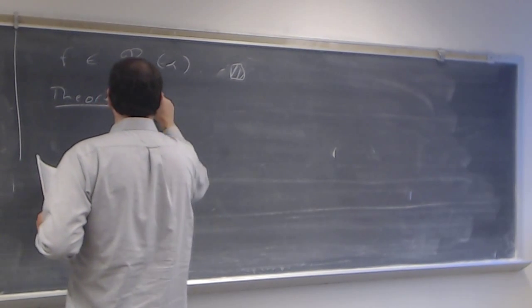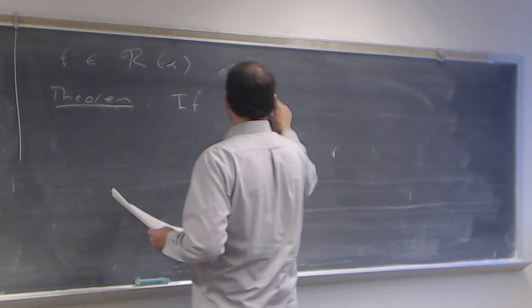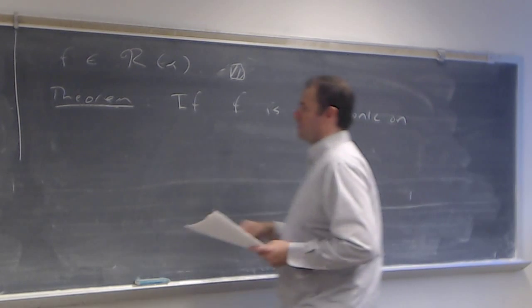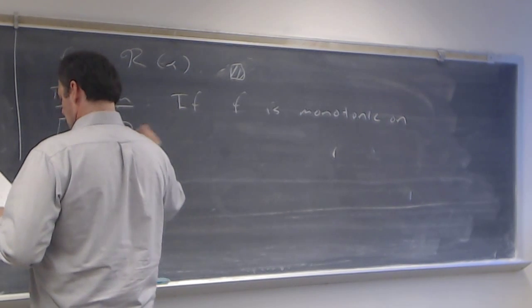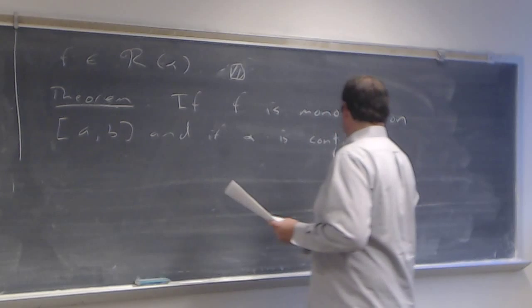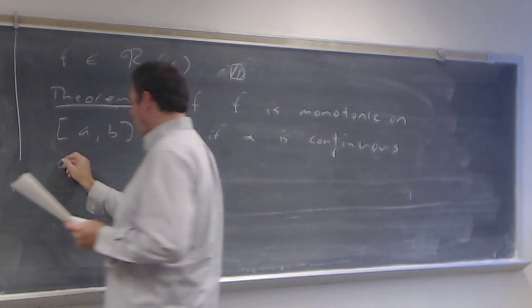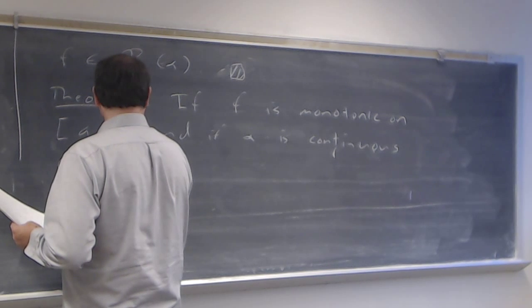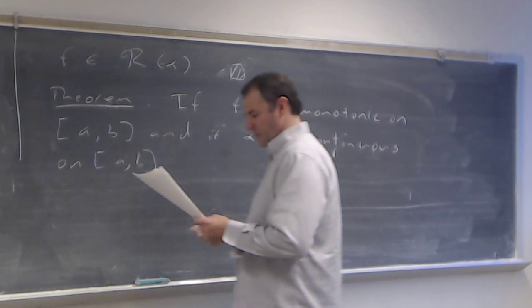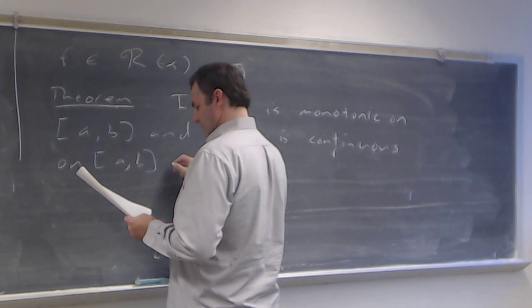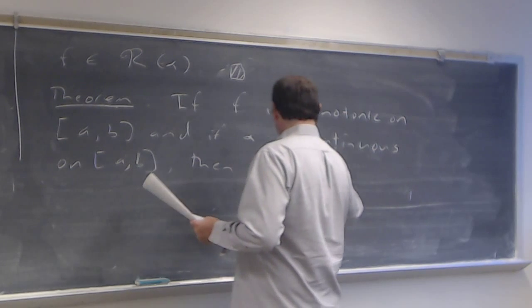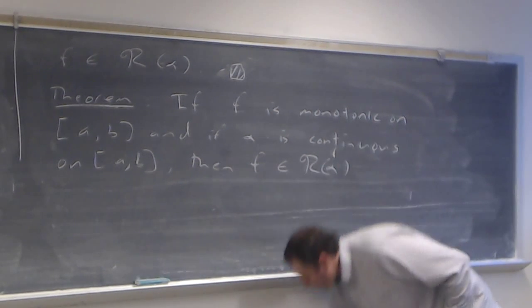So it says if F is monotonic on A to B, and if alpha is continuous on A to B, so the only thing we had about alpha before was that it's increasing, then F is Riemann-Stieltjes integrable with respect to alpha.